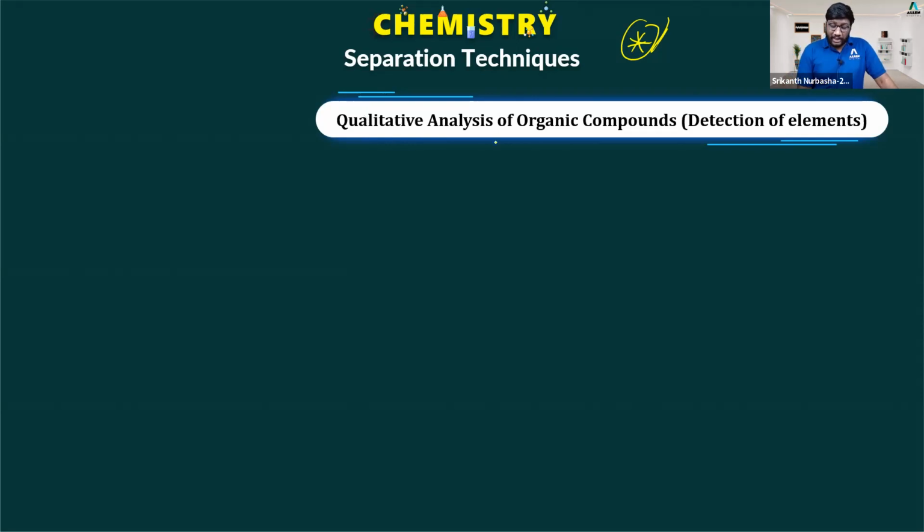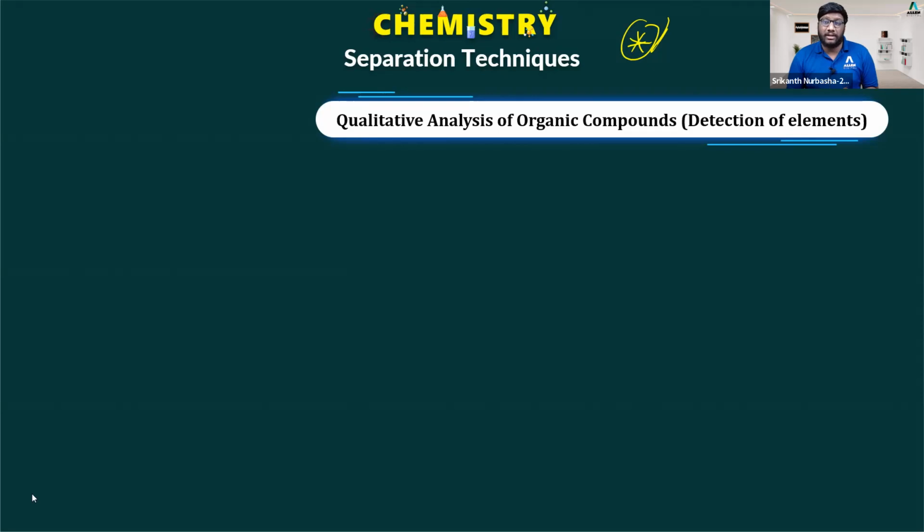Now, qualitative analysis of organic compounds. Qualitative analysis of organic compounds means we have to detect the elements present in the organic compound. Just a detection, not how much is there. That is quantitative analysis. Like volumetric analysis you have done, right? You find out the concentration of a particular substance or solution given to you.